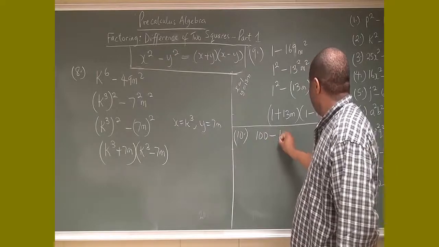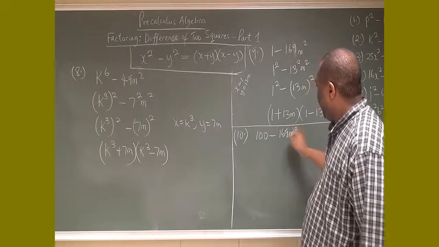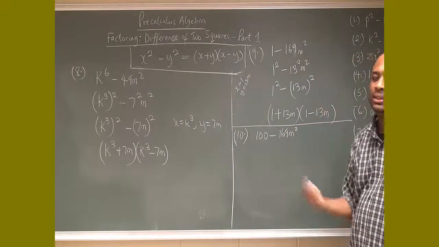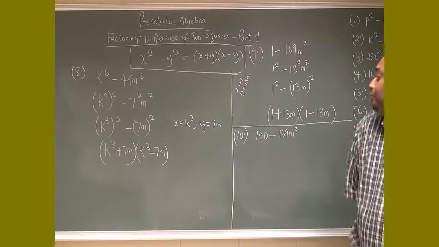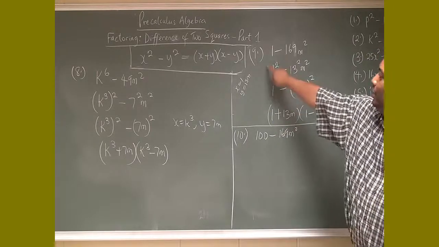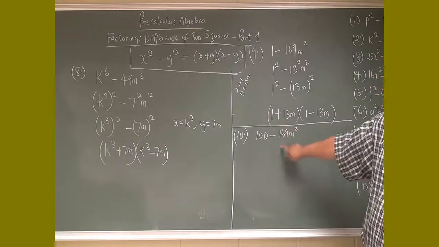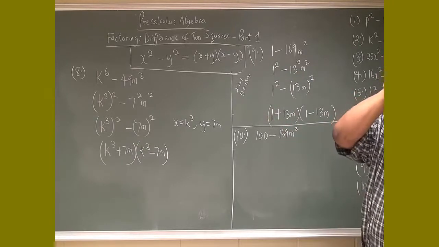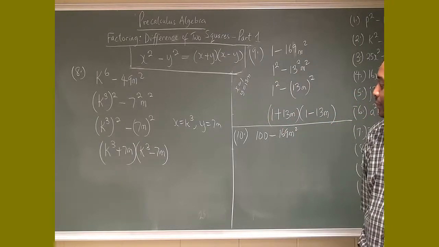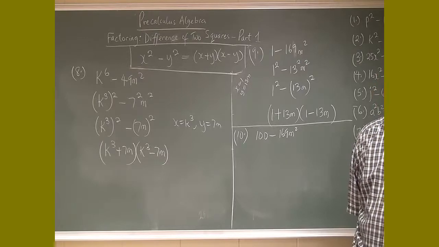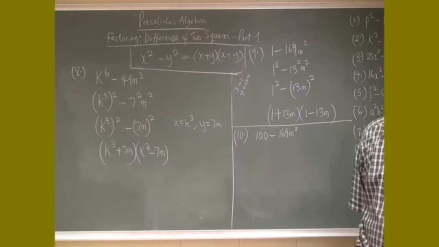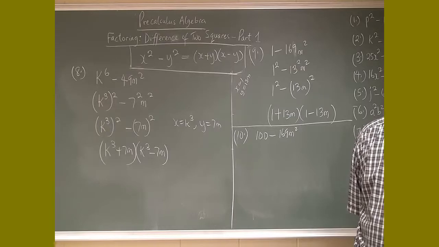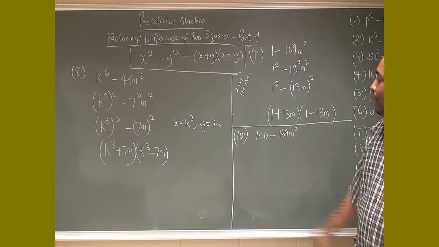100 minus 169m squared. I mean, without solving this, just tell me what it would be. Just from here, what would this one be even without solving it? It's going to be 10 plus 13m times 10 minus 13m. I mean, you can see the comparison.